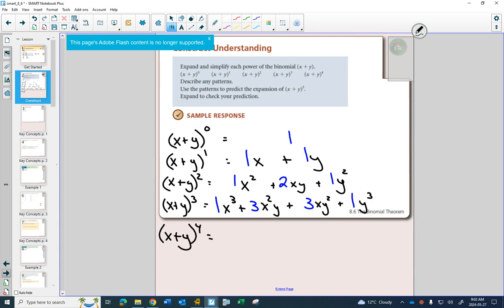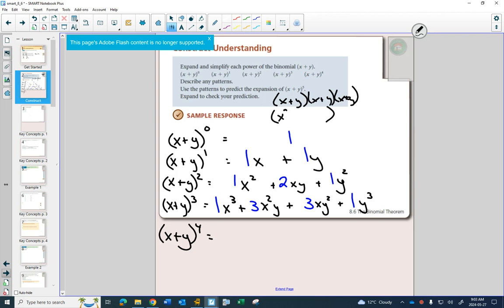The numbers in front, when you multiply this out, happen to be Pascal's triangle. If you had to do x plus y cubed using your previous skills, you would have to do x plus y times x plus y times x plus y. And then you would say, well, I know how to multiply x plus y times x plus y.